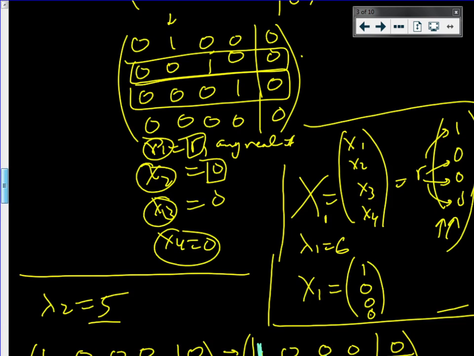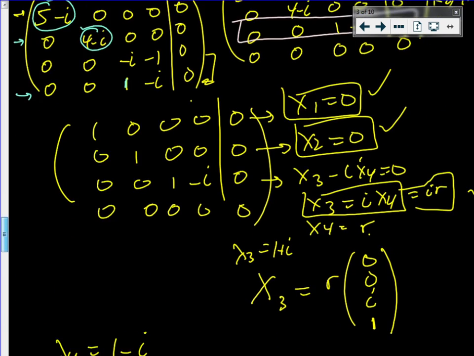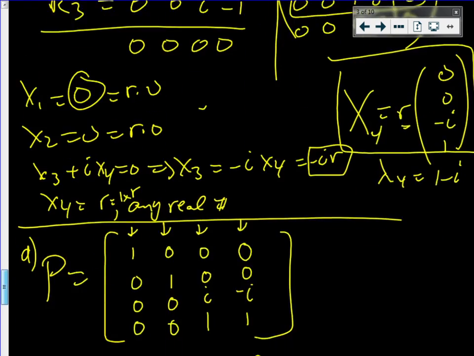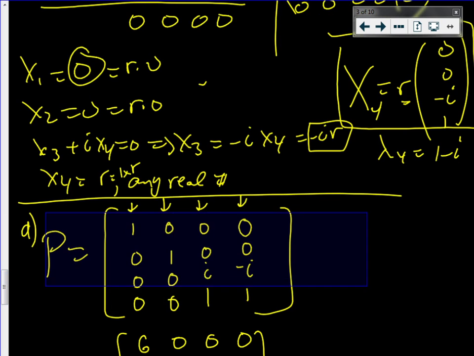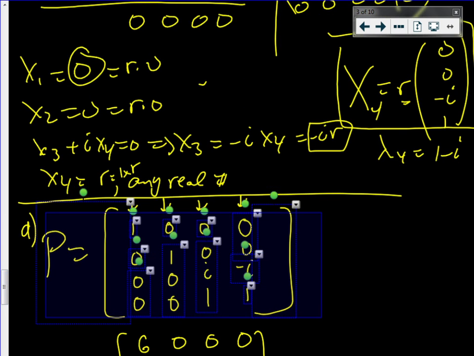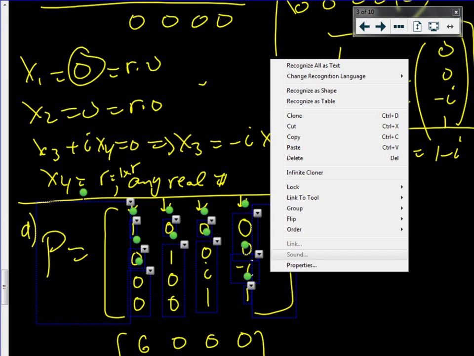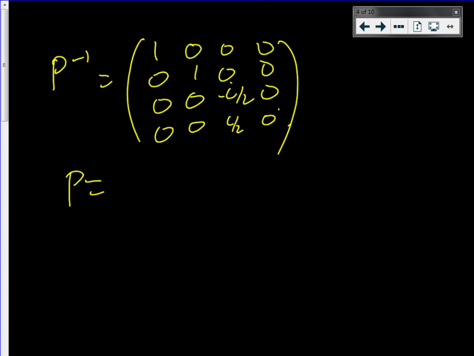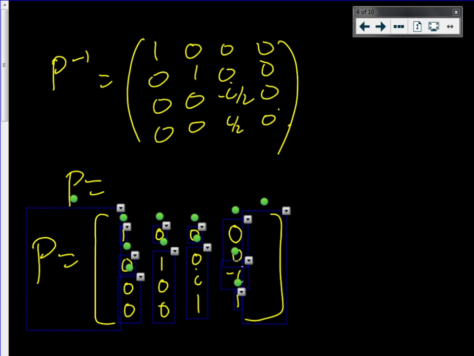P was pretty far down. X3, lambda 4. There is P. Copy. Go to the next page. Let me hit paste.